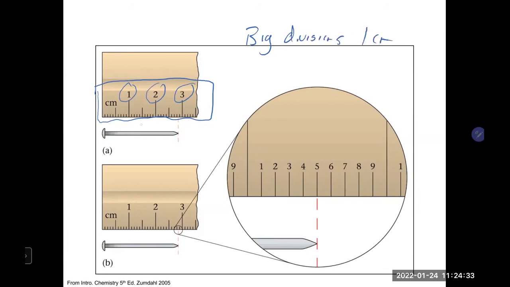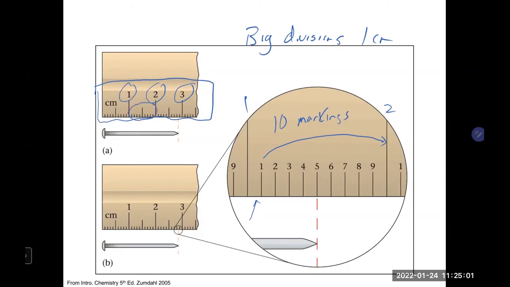Now, when we look between, say, something like 1 and 2, we have basically 1, 2, 3, 4, 5, 6, 7, 8, 9, and 10 markings. There's basically 10 markings between the major units, which are these guys right here.